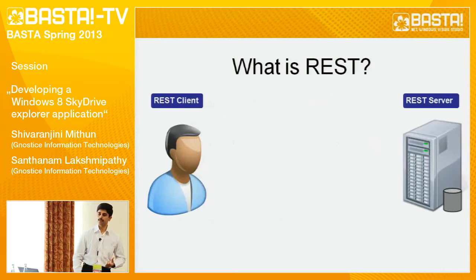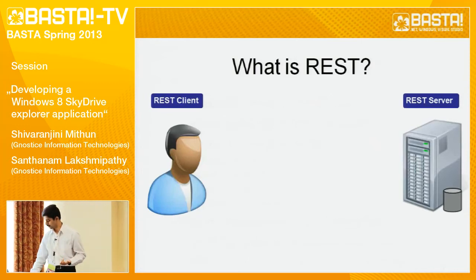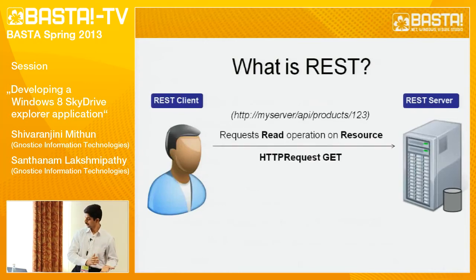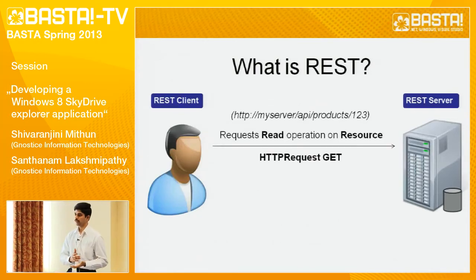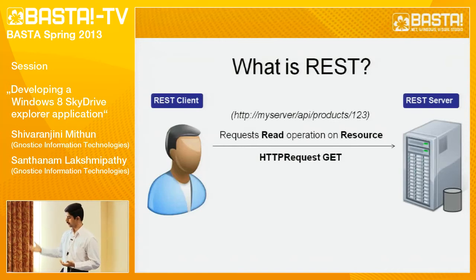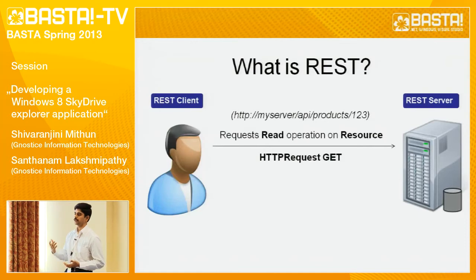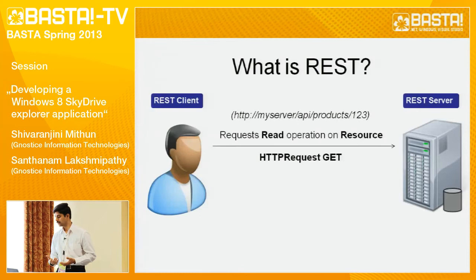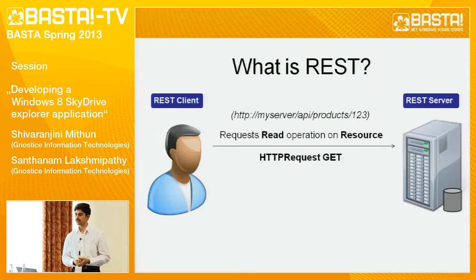Here's a quick recap of what we have learned so far. We have a REST client and a REST server here. The client sends the request, and it requests a read operation on the resource at the server. Since REST uses HTTP as the protocol, it sends an HTTP request. Since the operation is a read operation here, it corresponds to an HTTP GET request.